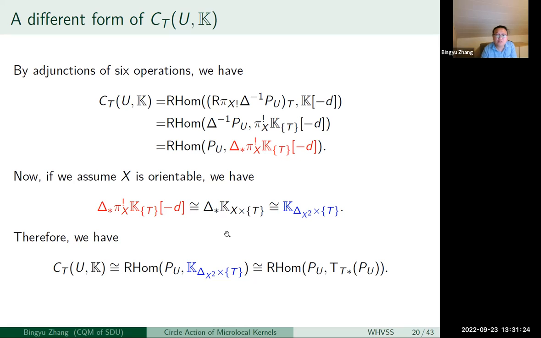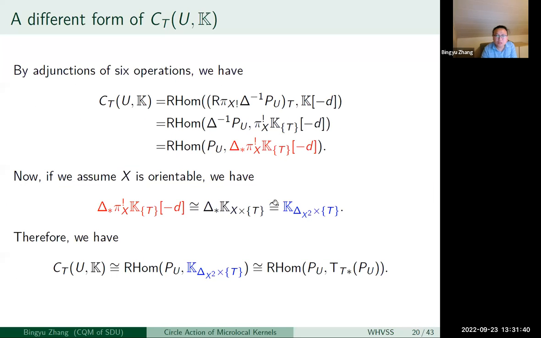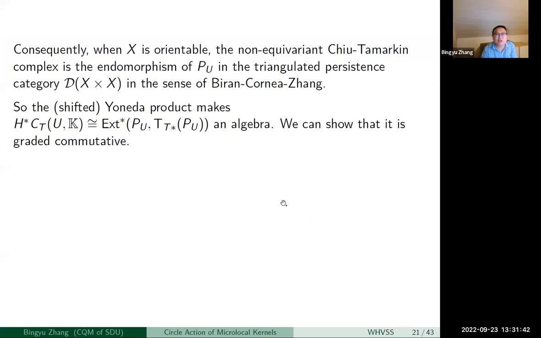First we get the first isomorphism in these two ways, and second we obtain the isomorphism by the previous slides here. And then the point is that when X is orientable, the non-equivariant Chiu-Tamarkin complex is just the endomorphism of PU.